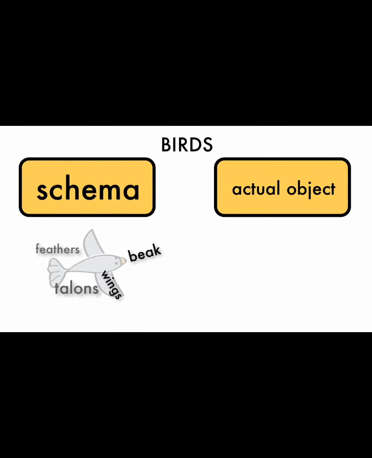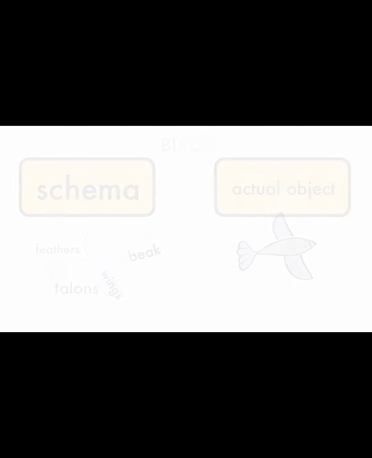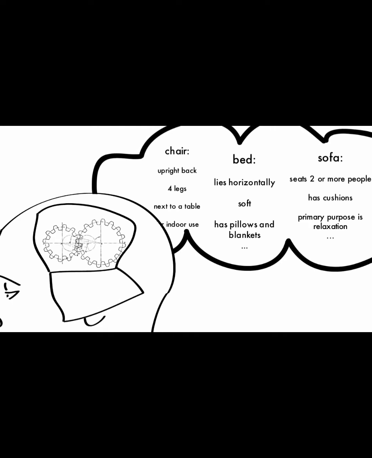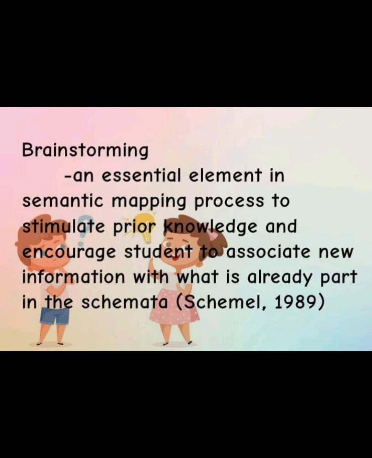We then use the schema we have developed as a means to compare new information against. Here's an example. You have a schema for a chair, a bed, and a sofa. The first time you see a futon, you immediately search your stored schema to see if it fits with anything you have already encountered. Brainstorming is an essential element in semantic mapping.